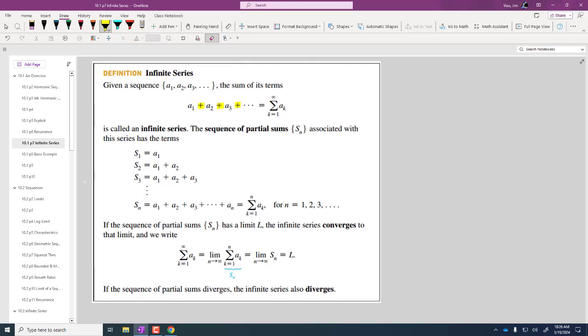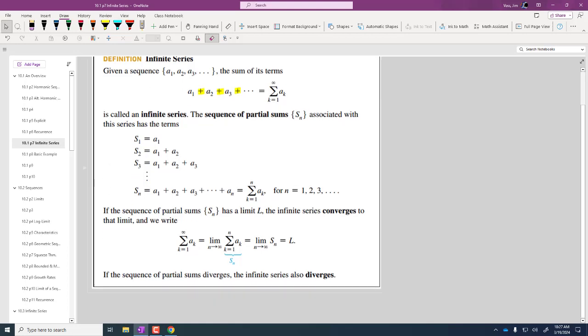So a series is when you add the terms of a sequence. We've got our basic sequence up here, our ordered list of numbers, and then we want to add them all together. That takes the sequence of terms and turns it into a series. Simple enough, right? We just add the terms instead of list the terms.